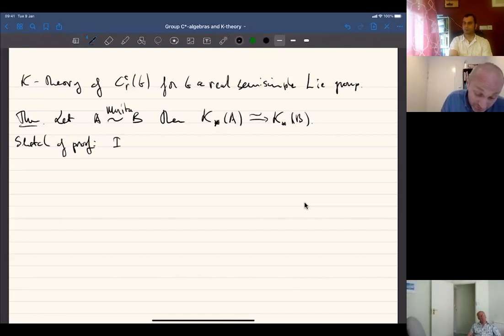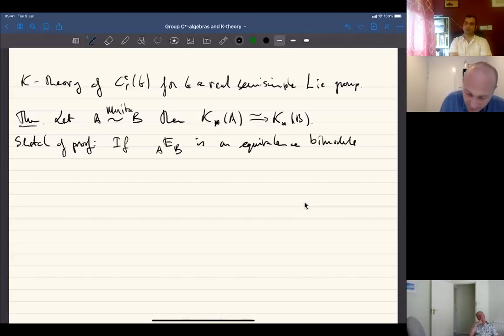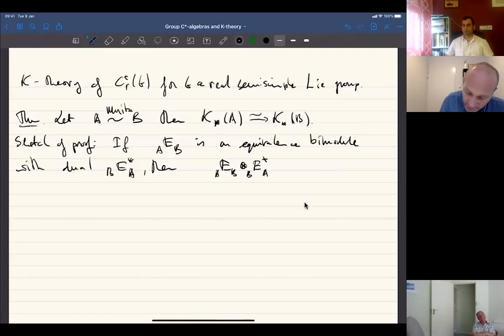If we have an equivalence bimodule E with dual E star, then as I said, without introducing tensor products, we have these properties.